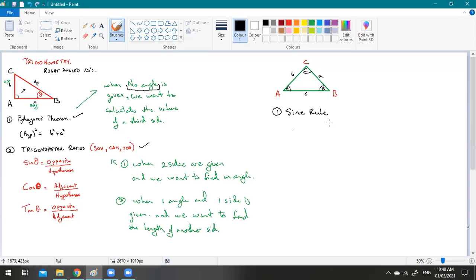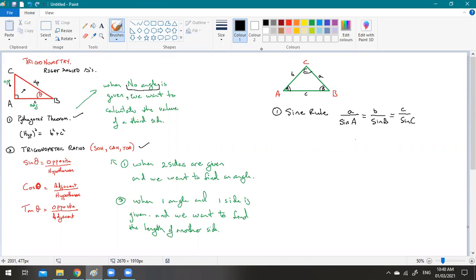So in the sine rule, it says that the length A over sine the angle A is the same as the length B over sine the angle B. Sorry, this is B. Let me fix that. And it's the same as C over sine capital C.